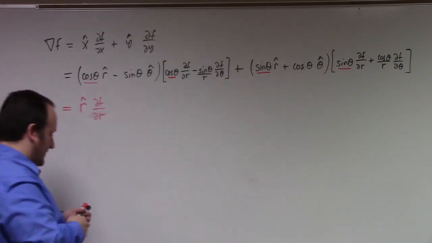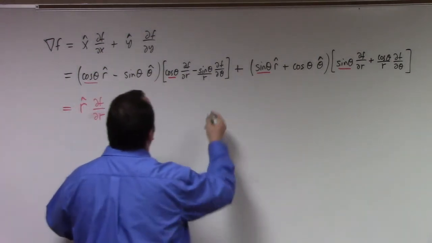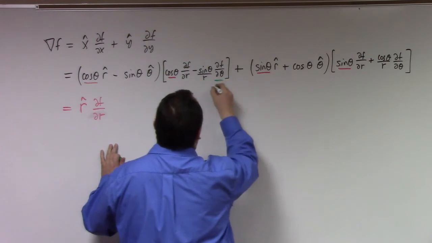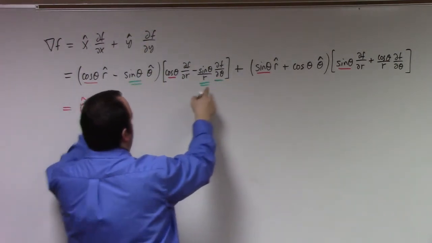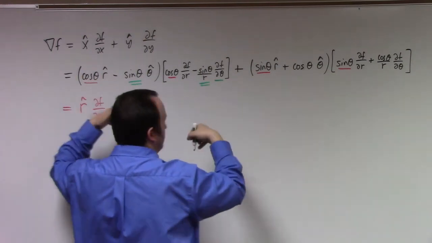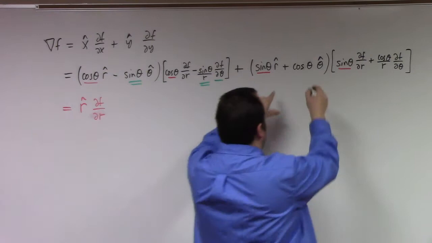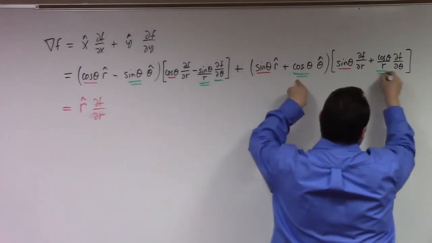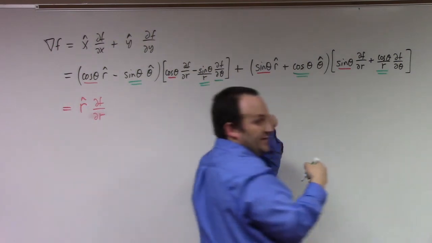And then how about the thetas? Well, we've got partial f, partial theta with a sine theta. That gives me a sine squared theta over r, partial f, partial theta. And over here, I get a cosine squared theta over r, partial f, partial theta, theta hat.